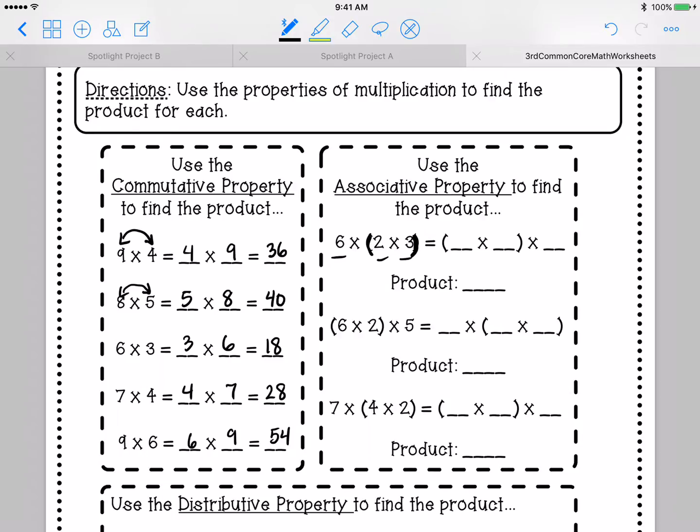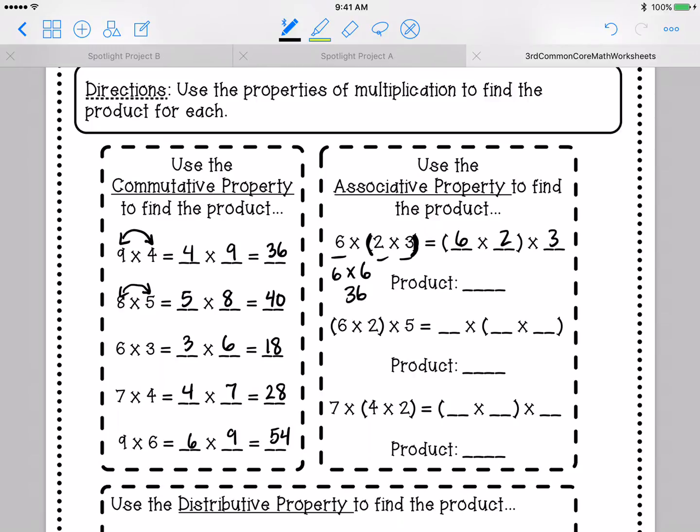If we're doing multiplication, we're going to do 6 times whatever 2 times 3 is equal to. So 2 times 3 is 6. And we know 6 times 6 is equal to 36 lollipop licks.